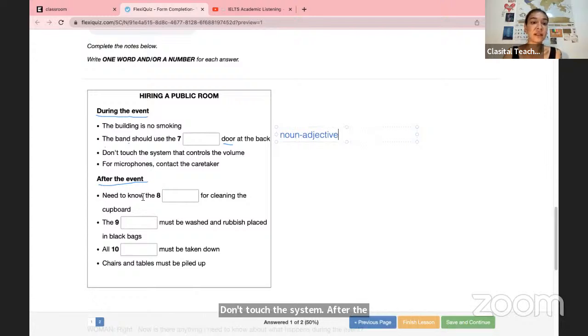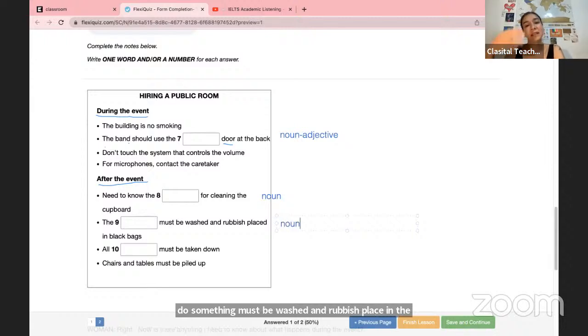After the event, need to know the something for cleaning. I will write here again a noun. But we don't know what this is. The something must be washed and rubbish placed in the black bags.